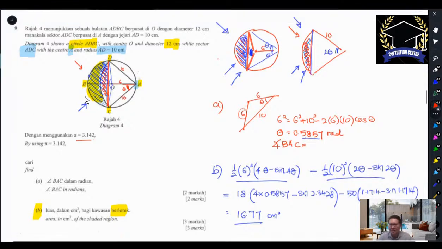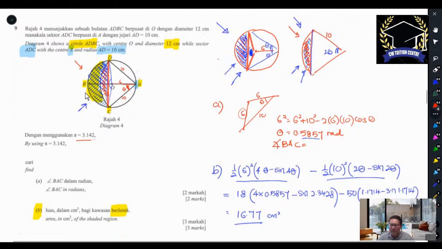Okay, I erase this one so you can see clearly. This segment minus this segment. Okay. So it's half r squared.